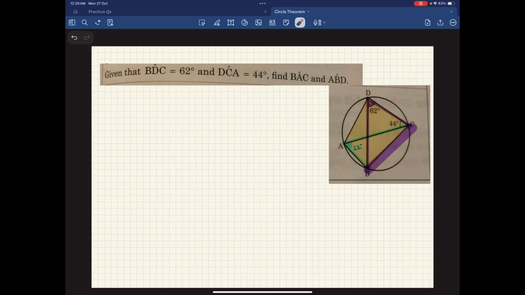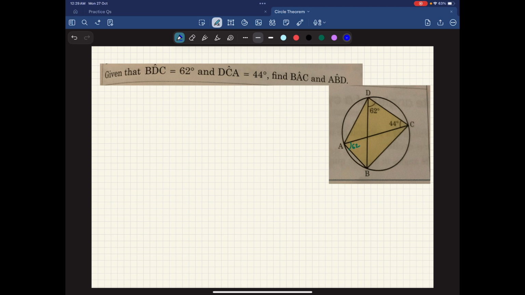Next, we have to find angle ABD. Okay, let's erase this. So we know that this is 62. Now you have to find angle ABD, which is this angle. Okay, let's change the color.